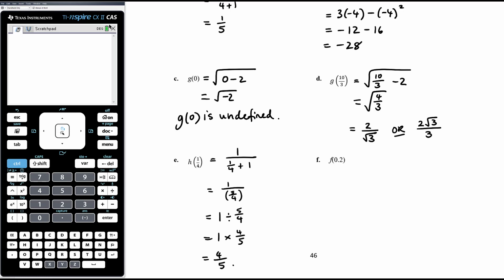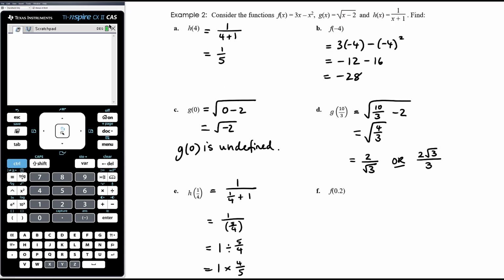F of 0.2. F is 3x minus x squared, so that is 3 times 0.2 minus 0.2 squared. 3 times 0.2 is 0.6. 0.2 squared is 0.2 times 0.2. You can just think about it as 2 squared, which is 4, but then you have to think about how many digits after the decimal place.